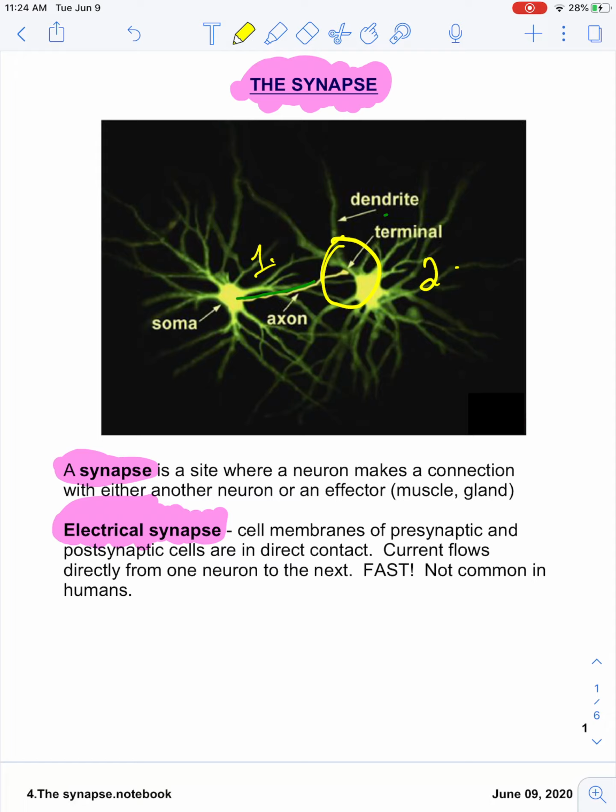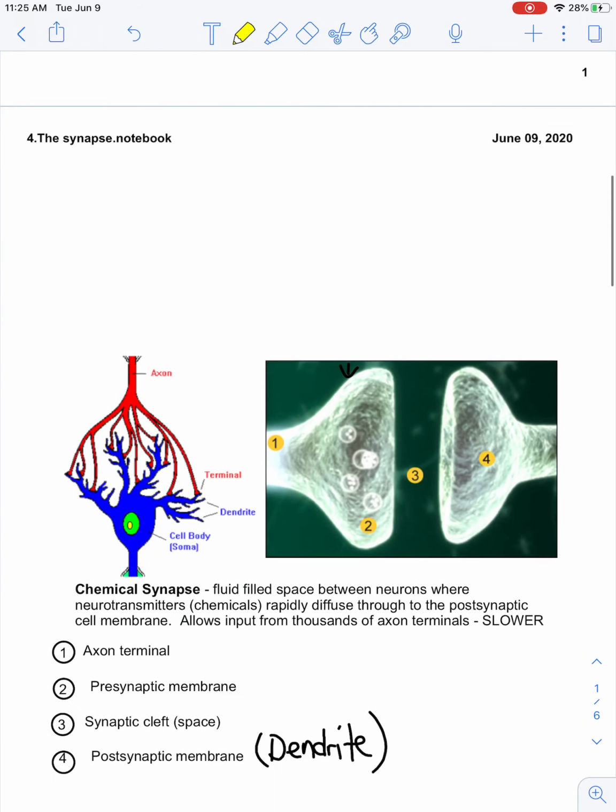Every thought, every feeling, every behavior associated with chocolate chip cookies would be happening right now, but they're not, because we have more complex synapses that allow things like inhibition to happen, which is just as important, if not more important, than stimulation of a pathway or a neuron. Okay? So they're fast but not common.